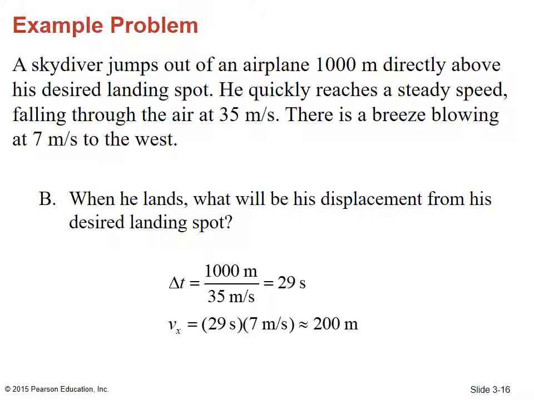The skydiver moves horizontally at a constant speed of 7 meters per second for the time it takes to fall. The vertical motion takes 1,000 meters divided by 35 meters per second, which is 29 seconds. The motion to the west is 29 seconds times 7 meters per second, or about 200 meters.